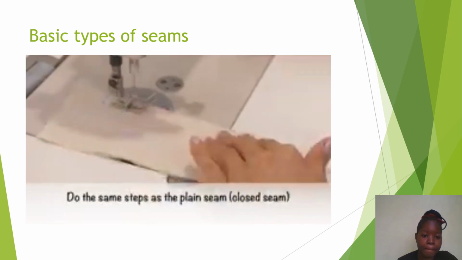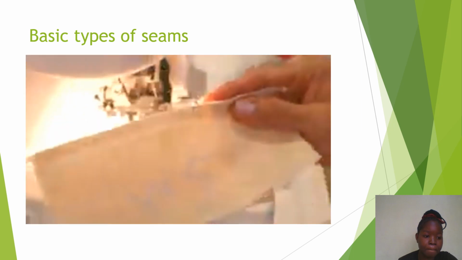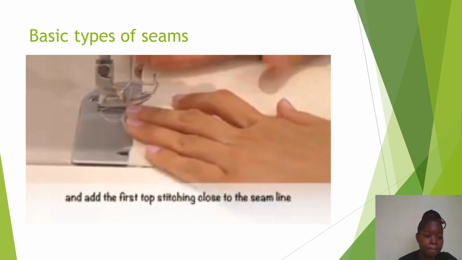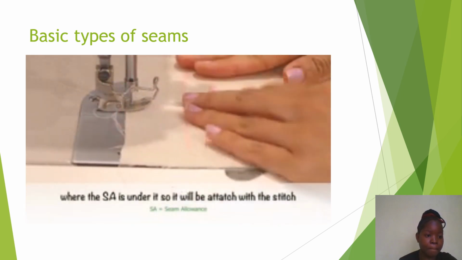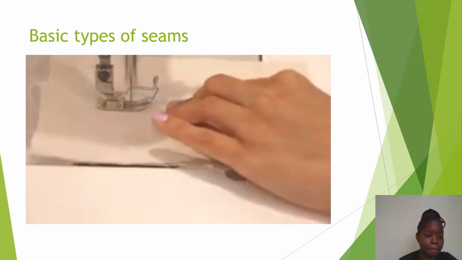Prepare the fabric. Do the same steps as the closed seam. Open the garment sample and put the seam allowance in one side. And add the first top stitching close to the seam line where the seam allowance is under it, so it will be attached with the stitch.